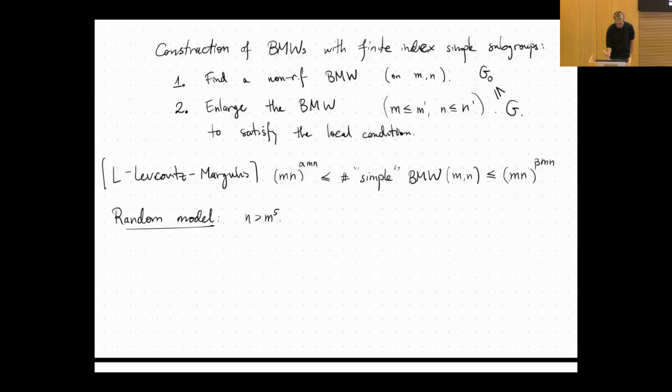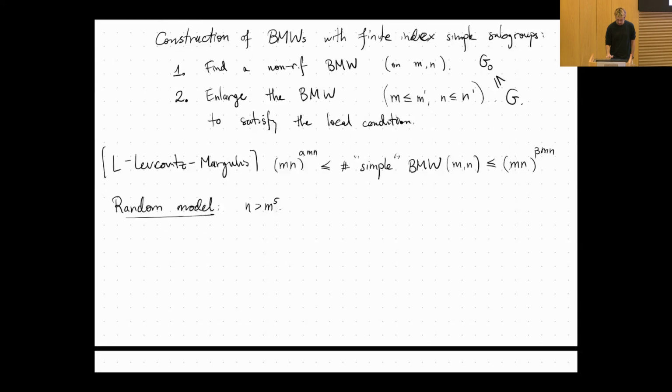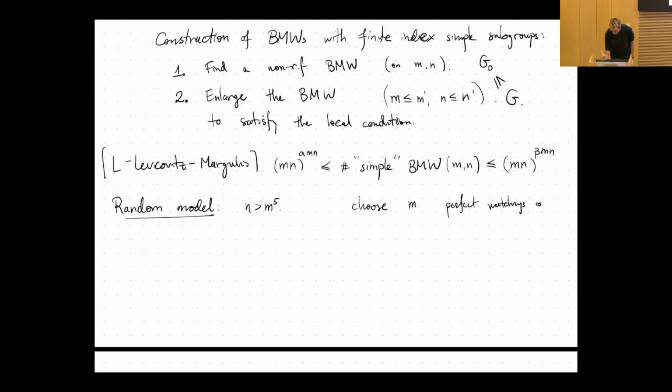So you take n bigger, not much bigger, but bigger than m to the 5, and choose m perfect matchings of this set n.